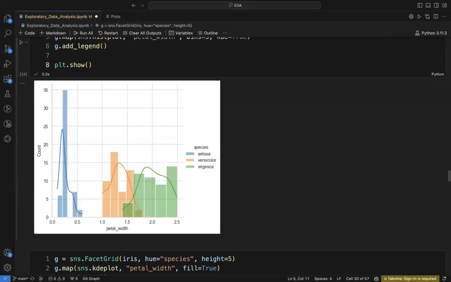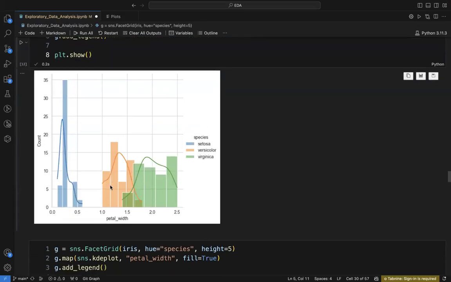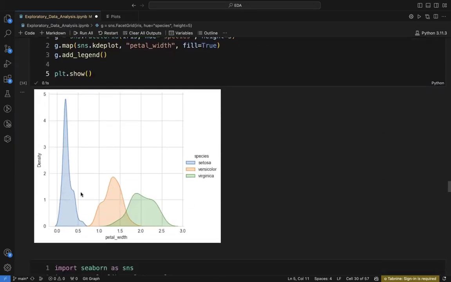When I see petal width, I notice that if you come here to the PDF, these two, setosa and versicolor, are just intersecting. So my setosa is fairly well separated from my virginica and versicolor, but there is a small intersection at this point.